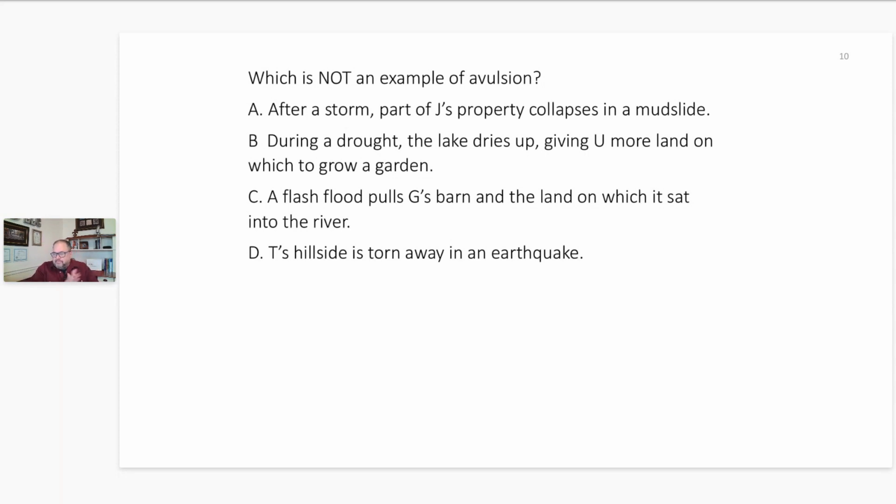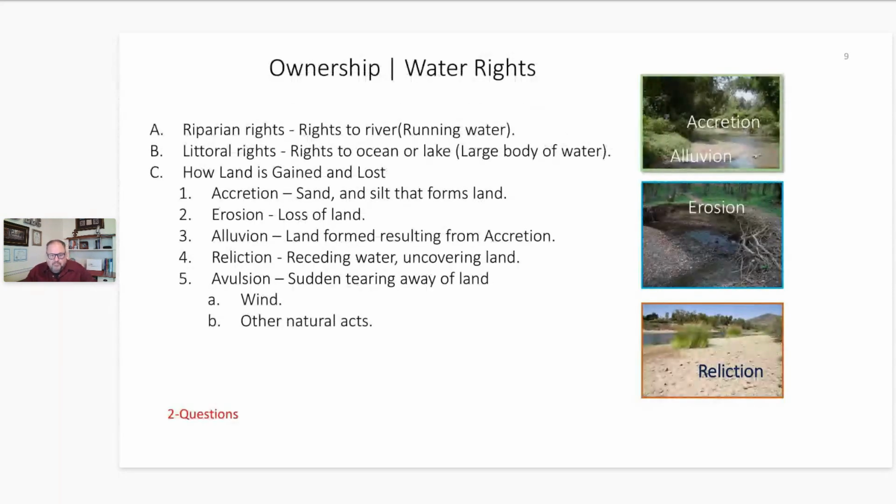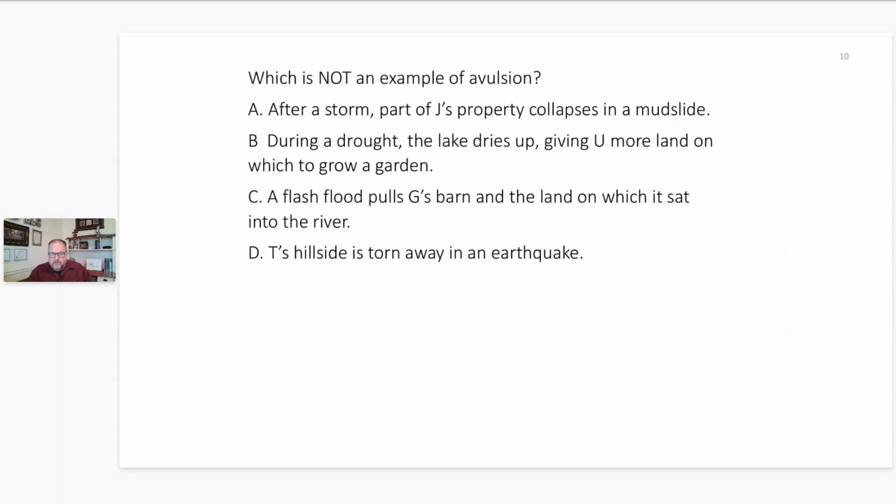All right. So again, I look at this question. The first thing I do, I try to answer the question before looking at my answer selection. That's just my technique. It works for me. So if I read the question, I say, which of the following is not an example of avulsion? So I sit back and I'm at the test center now, and I'm not talking out loud, but I'm thinking under my breath, avulsion.